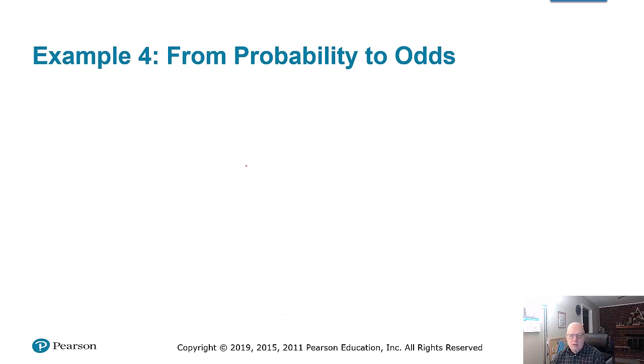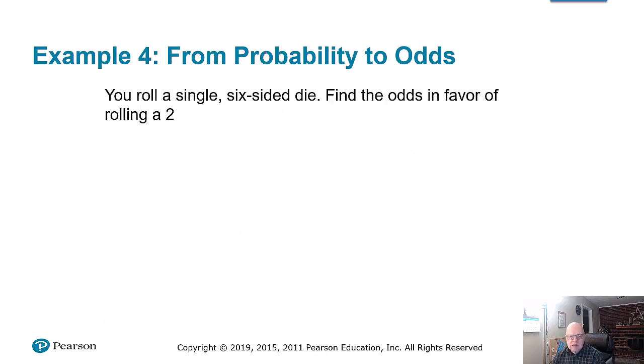So, to go from probability to odds, let's suppose you roll a 6-sided die, a typical one. You want the odds in favor of rolling a 2. What's the probability of getting that 2? There's only 1 2 on the die, so 1 on the top.